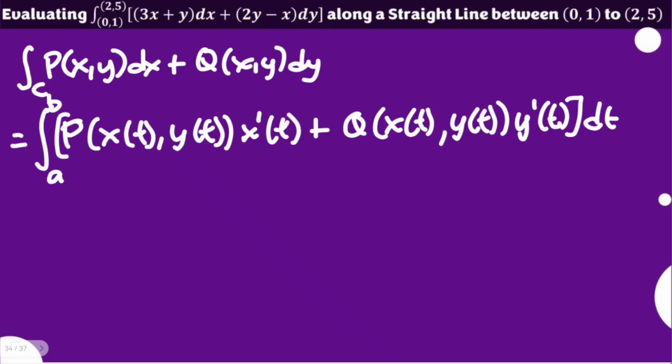In order for us to solve this, we need to complete all the details here, specifically for the parameterization of our x and y.